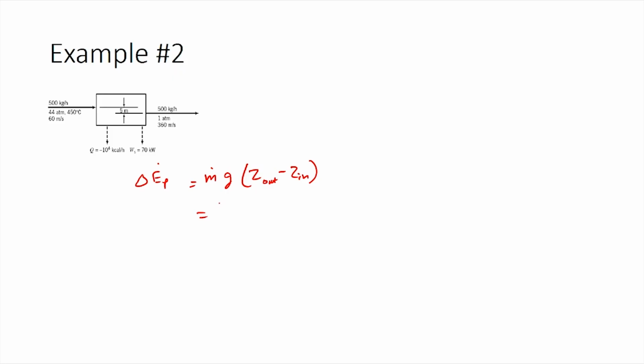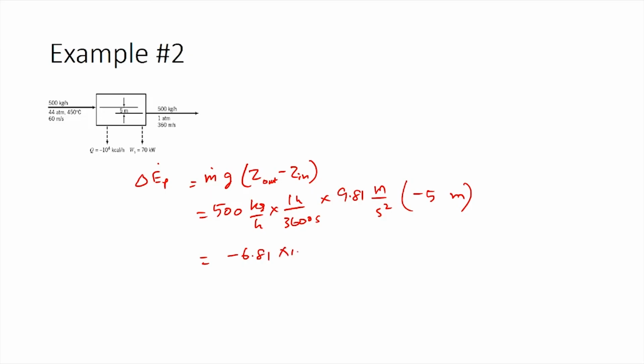So, this would become 500 kilograms per hour times 1 hour in 3600 seconds times 9.81 meters per second squared times minus 5 meters. So, this gives you a value of minus 6.81 times 10^-3 kilowatts.